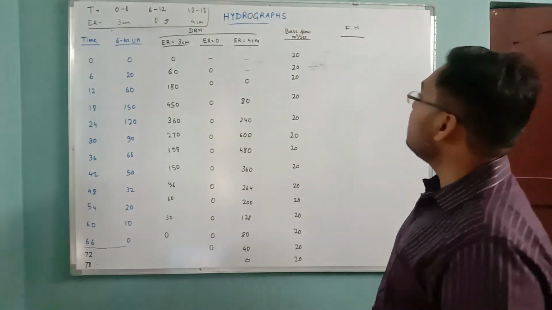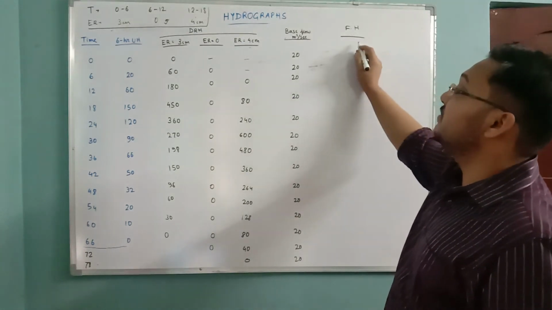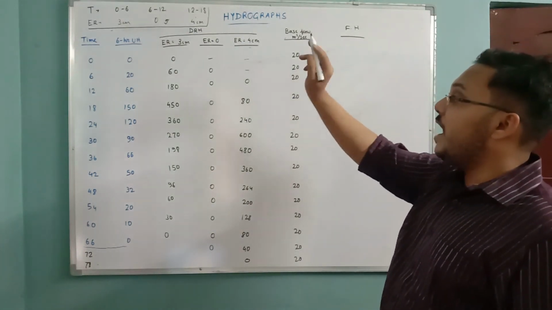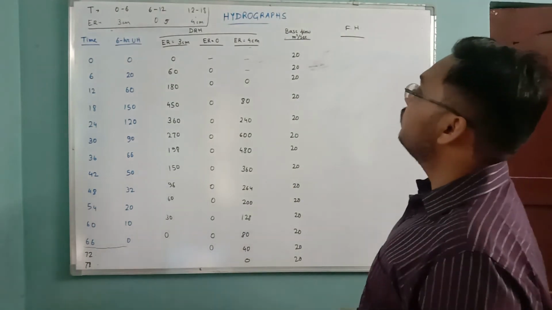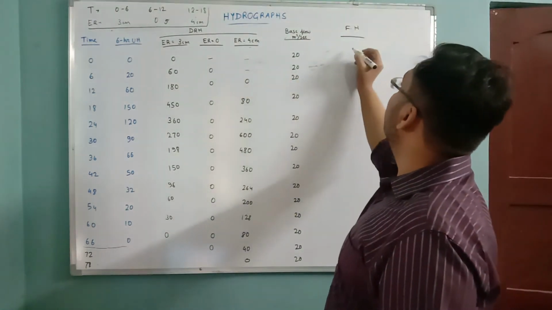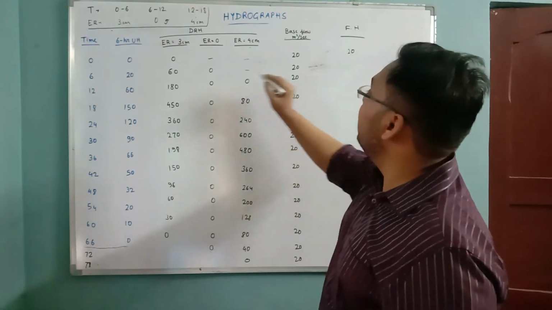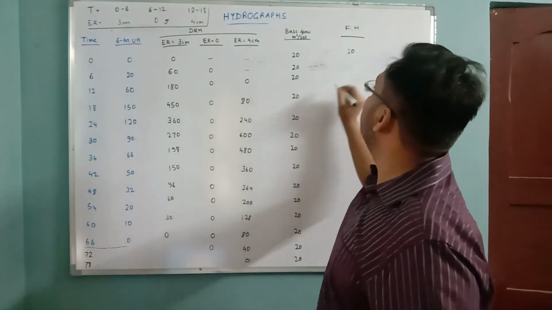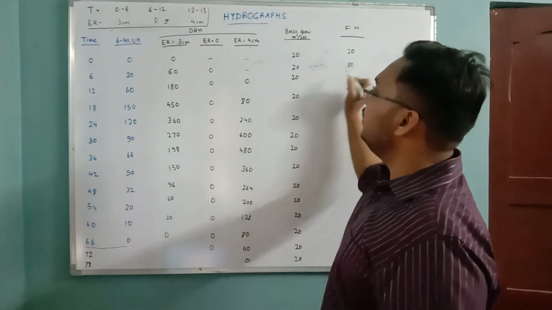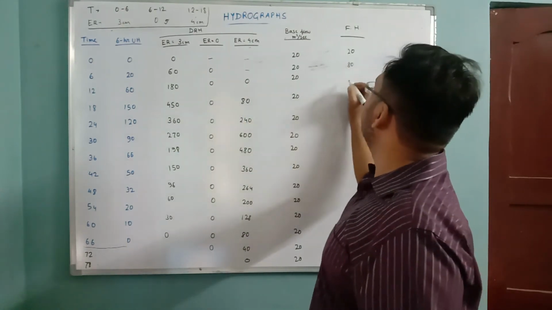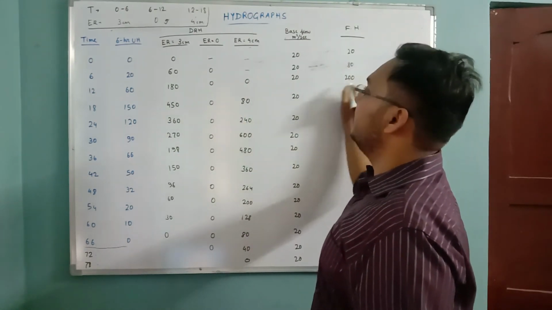So finally, the flood hydrograph is the summation of the base flow and the direct runoff hydrograph. In the first row we have 20. In the second row we have 60 plus 20, that is equal to 80. The third row it's 180 plus 20 equal to 200.